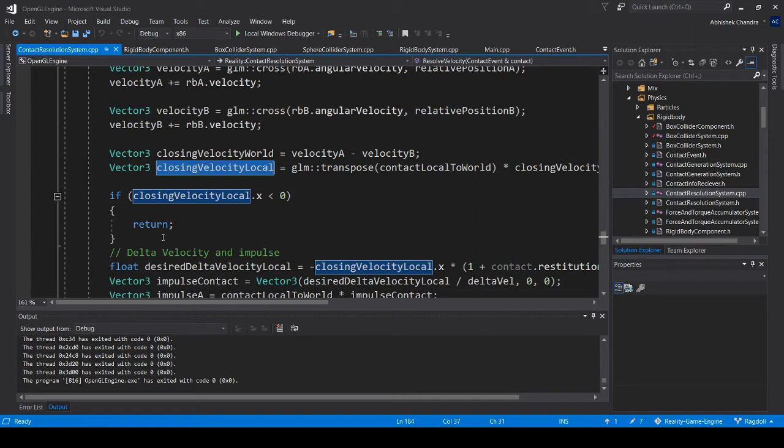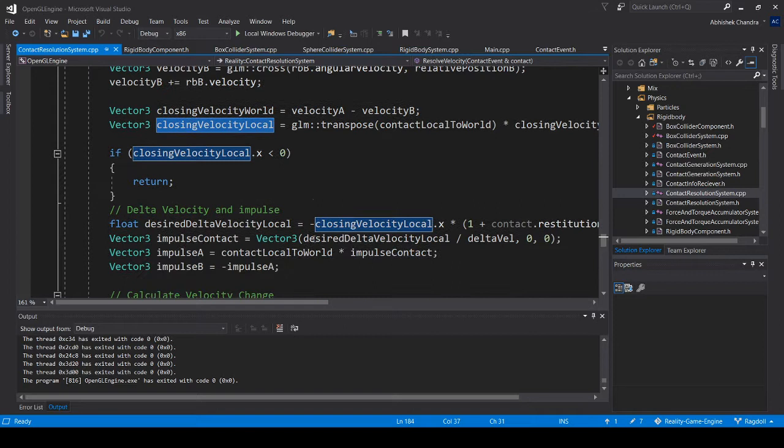If that's less than 0, that means the objects are already separating. We don't need to worry about it, so just return. Otherwise, we can calculate what the desired velocity, the outgoing delta velocity should be based on restitution. And then once we have that, we had the delta vel, which was the velocity change due to 1 unit of impulse. We have the desired change in velocity.